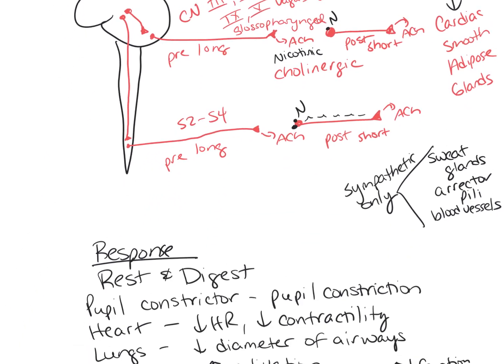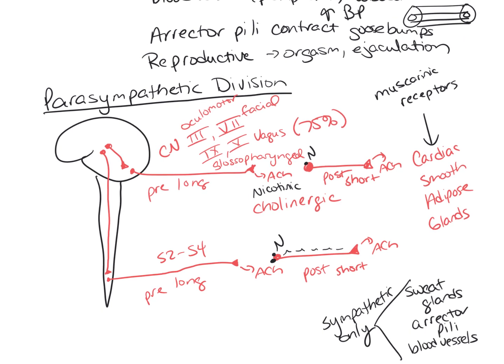to our parasympathetic division. So the postganglionic neuron is releasing acetylcholine. Acetylcholine is going to bind to each one of these receptors and will either stimulate it or inhibit it. When it binds to the cardiac muscle, it will inhibit it, so you slow down your heart rate and slow down the contractility.